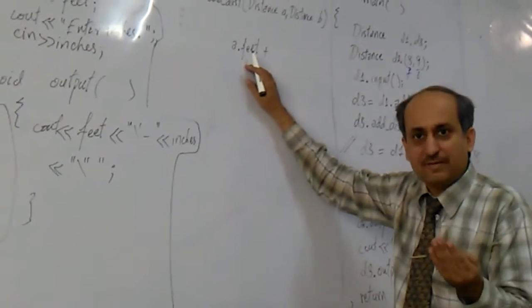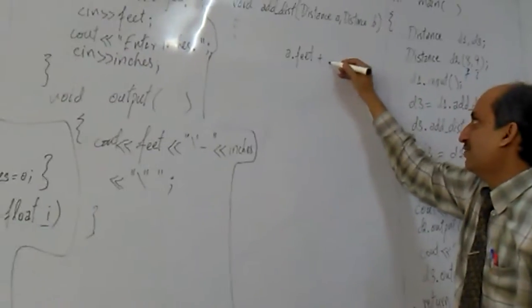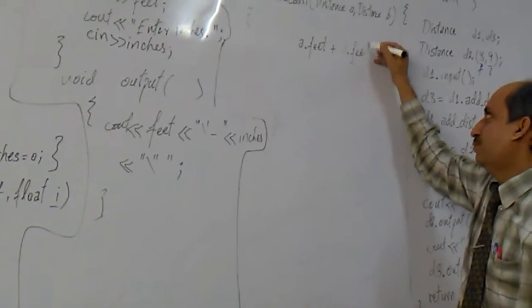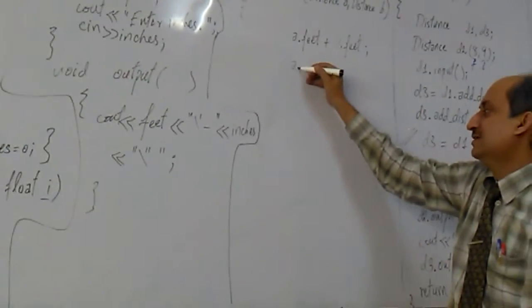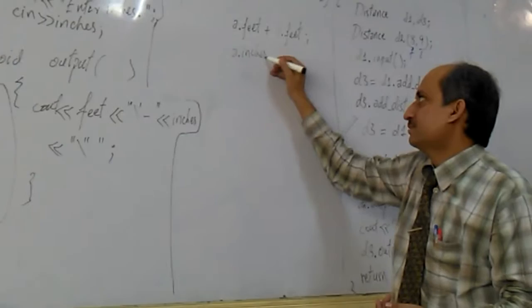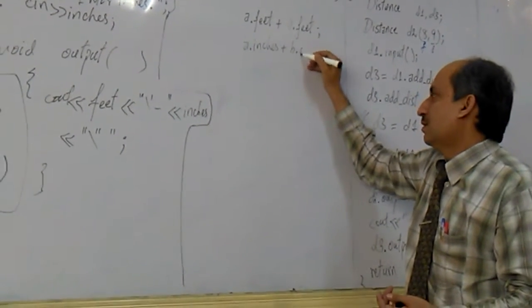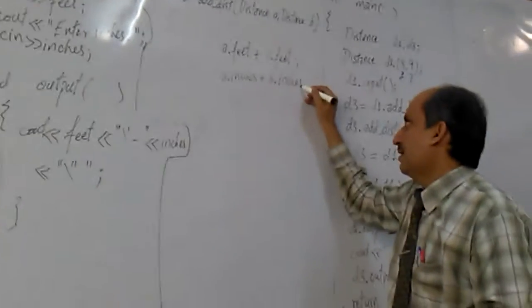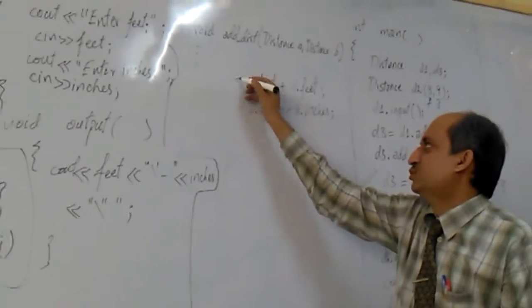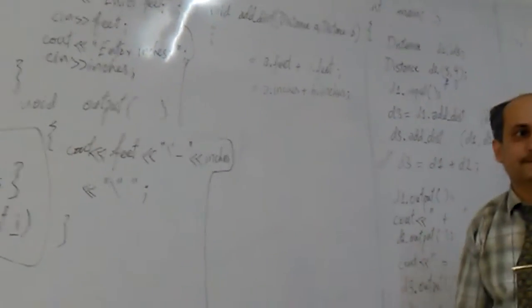Feet is of integer type, and the plus operator can add integer values. A.feet will be added to B.feet, and A.inches will be added to B.inches. And where should we be storing this result?